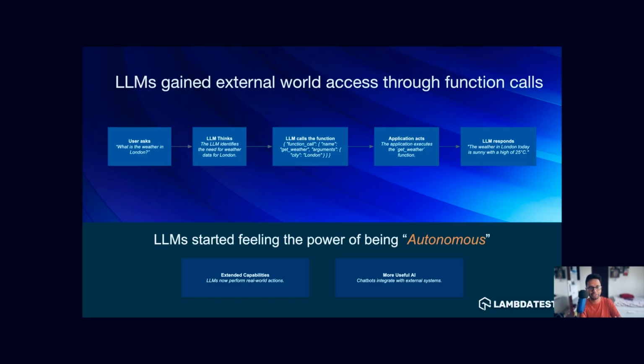You ask a question, the LLM understands your question and figures out, okay, I need to get the weather of London. And then it finds that, hey, I also have a function call, which is get weather, given to me, and you can give as many function calls as you want for different tasks to the same LLMs, right? And then it figures out that the argument it needs is a city, which is London, and then it invokes this get weather application.